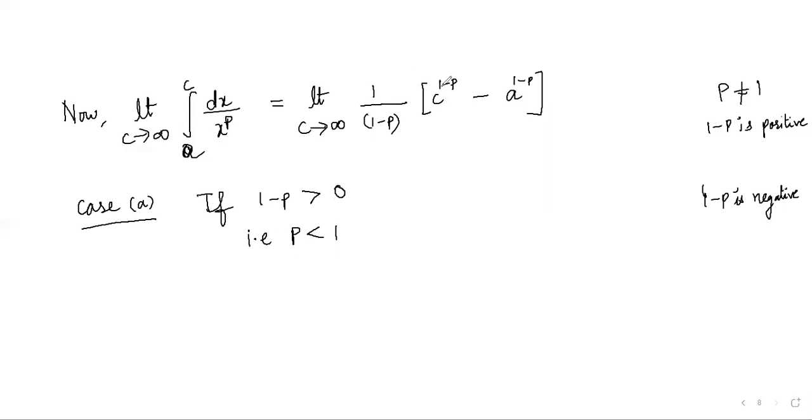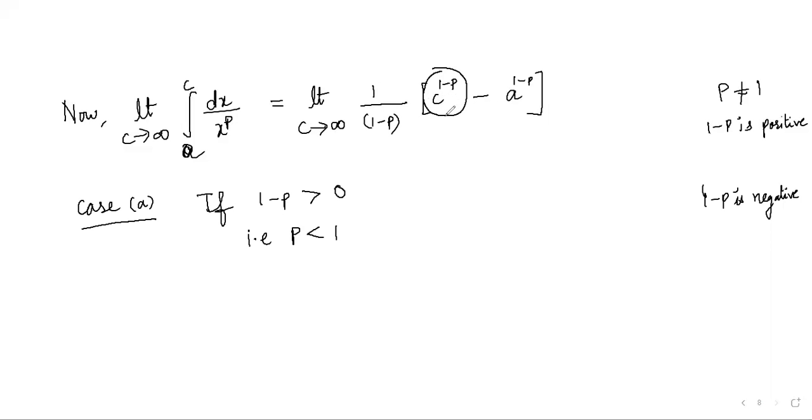Now 1 minus p is positive, c is tending to infinity, so this term will tend to infinity because the exponent is positive. This infinity will come in the numerator, so this term will not exist, it will tend to infinity, and hence this complete limit will not exist.